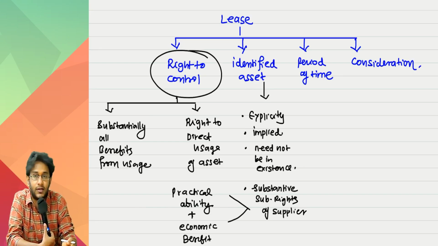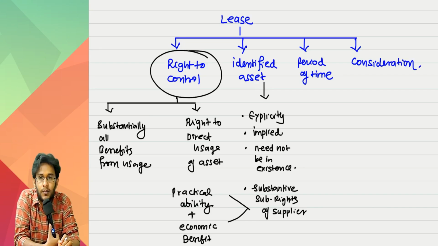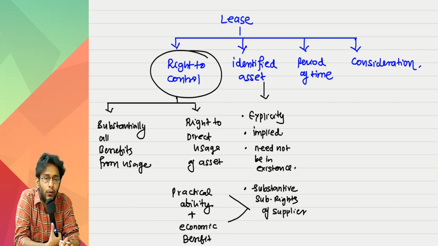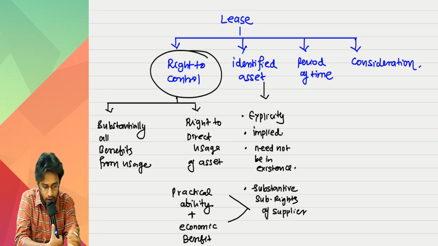If these two points are satisfied, the substitution rights of the supplier are substantive, and since they are substantive, you do not have an identified asset. If you are unable to conclude about these points, whether practical ability is there or not, whether economic benefit is there or not, in that case you presume that the substitution right is not substantive enough and therefore you have an identified asset on your hand. So that is one thing.